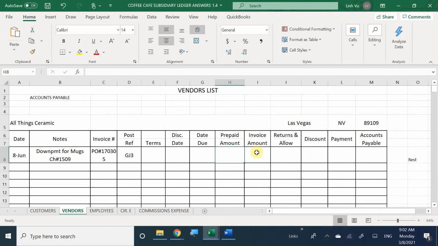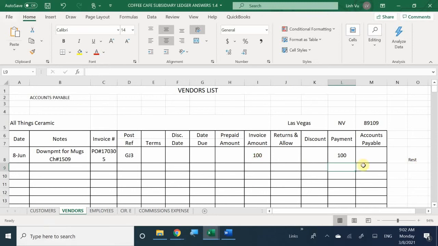I'm going to put my $100 in the prepaid amount, and say I paid for it using check number 1509. Once we receive it, I'm going to show you how to apply the actual prepaid amounts in the very next line.